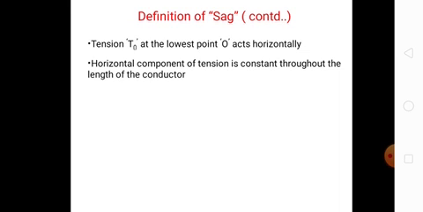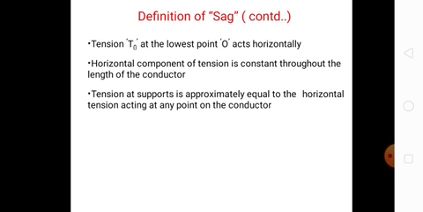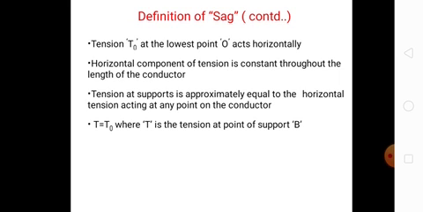T is the tension on the conductor, always tangential to the conductor. The middle, lowest point is O, and S is the sag. Tension at the supports is approximately equal to the horizontal tension acting at any point on the conductor, that is T is equal to T naught, where T is the tension at the supports.